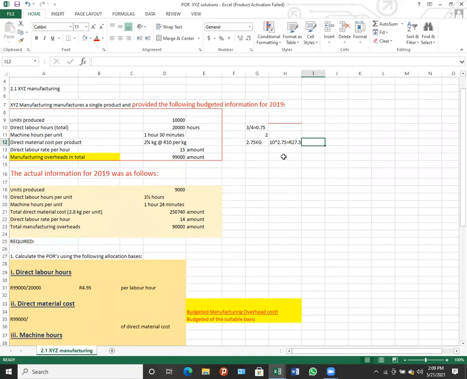Now, guys, you can use your 27 rand and 50 cents to get your total direct material. 2 times the number of units produced. How much do you get? Please verify your calculation.